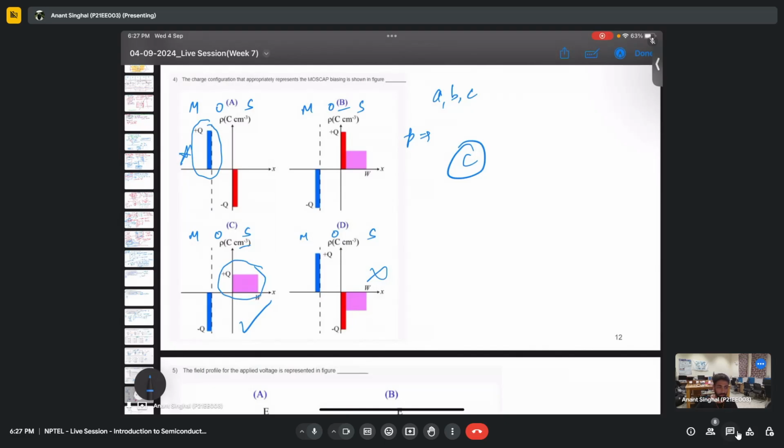Option C will be correct. So why not B? B cannot have, we don't have any, even the trap charges. And even if we have the trap charges, it should be like this, not inside the semiconductor. So we cannot have such abrupt variations on the semiconductor side. Okay. Yeah. So let's move ahead.